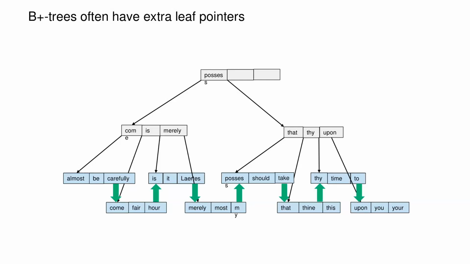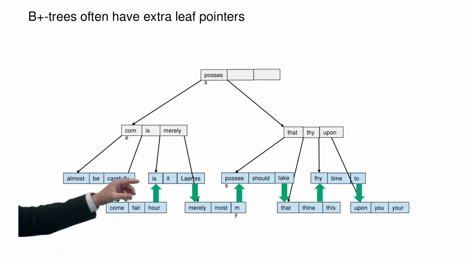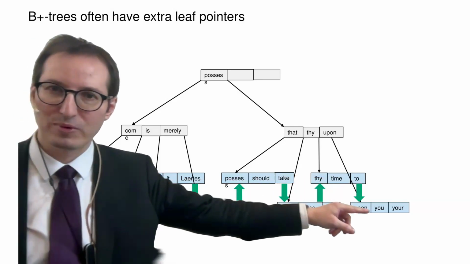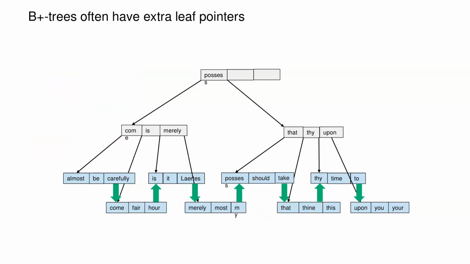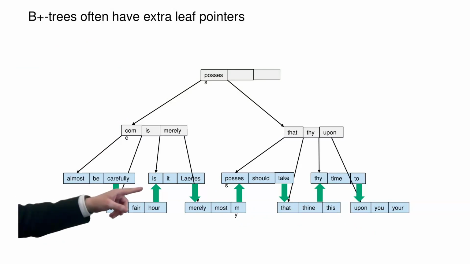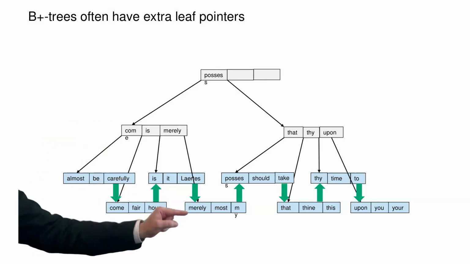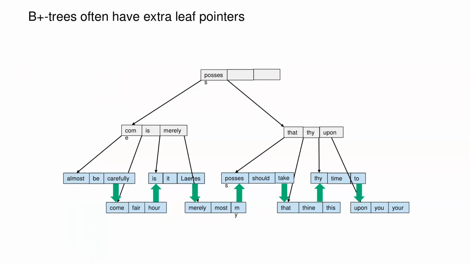And one of the premium features that we get in a B plus tree is that since all the terms are at the leaves, we can build here an efficient structure that traverses left to right the entire list of terms. All we need is extra pointers. In fact, this is just a simple linked list. It's an additional structure on top of the tree that connects all of the leaf nodes as a singly linked list.